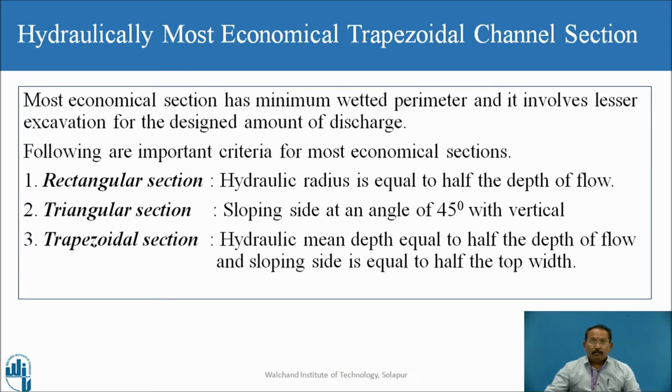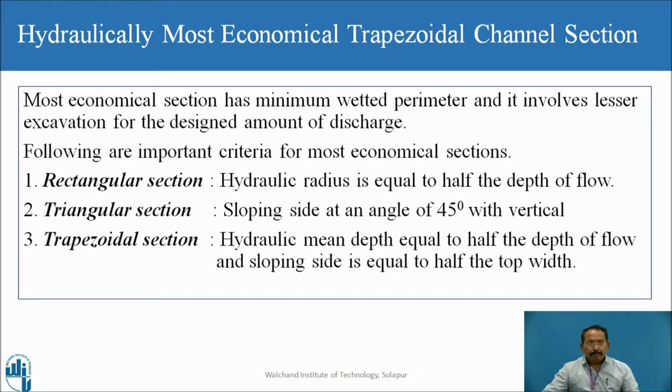We can say there will be less excavation, or unnecessarily large excavation is avoided. So the most economical section has a minimum wetted perimeter and involves lesser excavation for the designed amount of discharge.